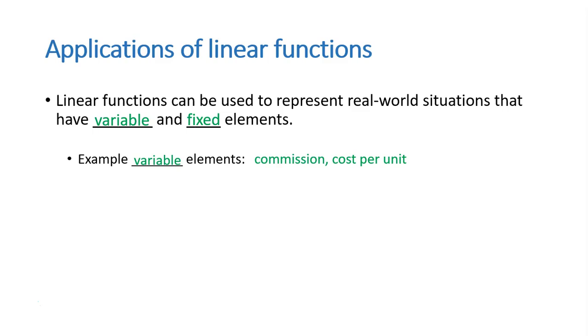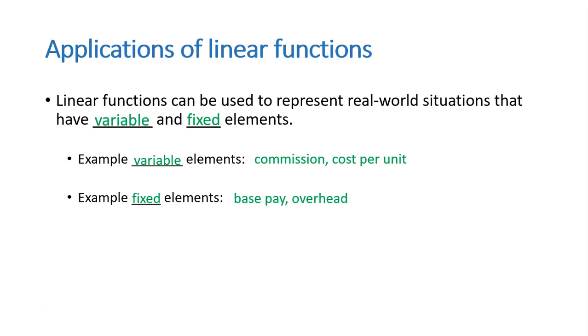Some fixed elements that correspond to commission and cost per unit are base pay and then overhead. So sometimes, depending on how a contract is negotiated, even though you make commission, you may have what's called base pay, which is essentially what you take home even if you don't sell anything. So you may have a fixed amount you get to take home regardless of how much you sell. This is fixed.